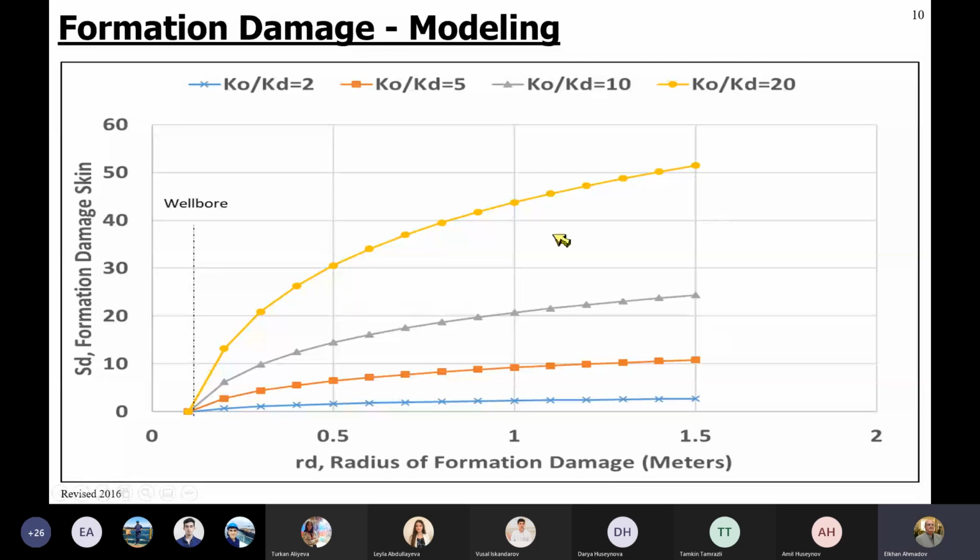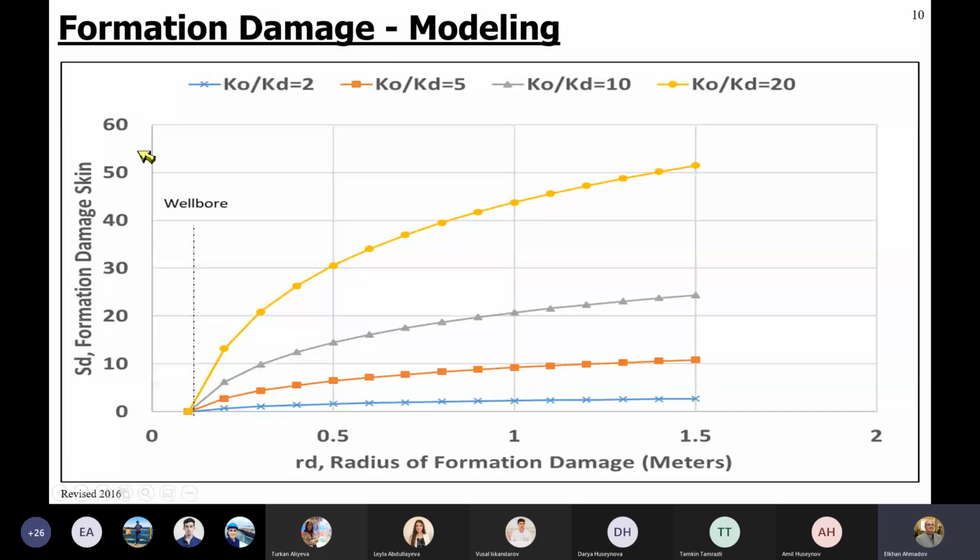Okay, so what it says at the most severe case, let's say the damaged zone permeability is 20 times less than the original permeability, which is this yellow line. We have a very substantial or very drastic change in the skin, or vice versa in well productivity.